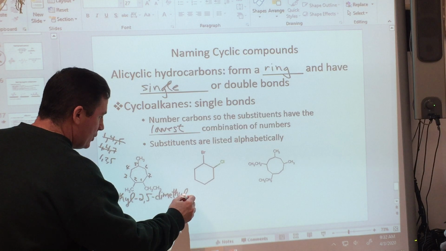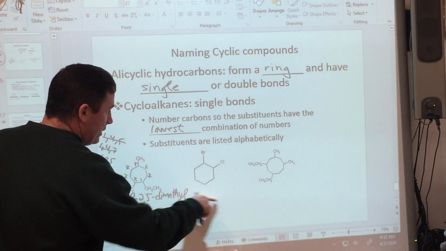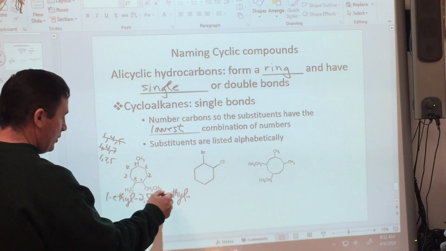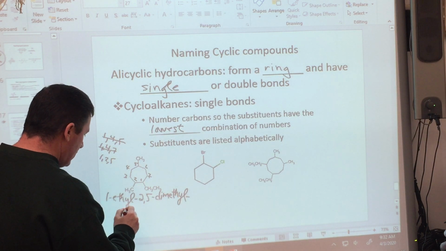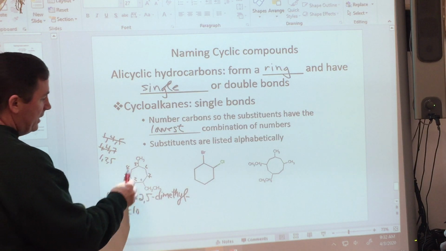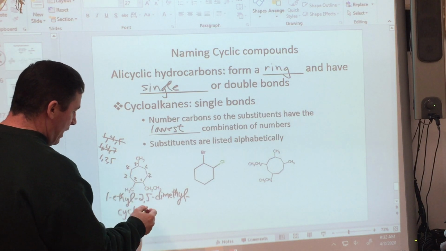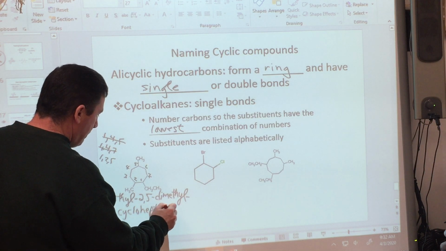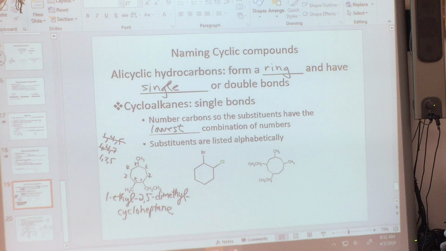This would go with this. So I have to put a dash because it's too long. But normally the cyclo would go right next to that L. So cyclo, and how many carbons are there? There are 7, so this is a heptane. So there's your final answer here. 1 ethyl, 2, 5 dimethyl cycloheptane.